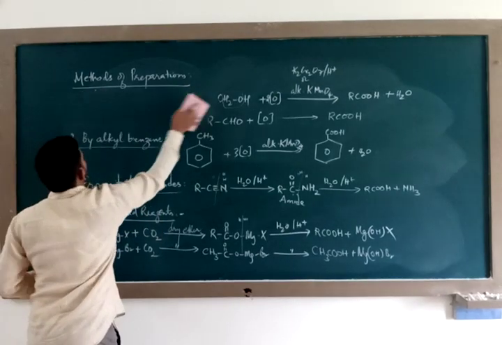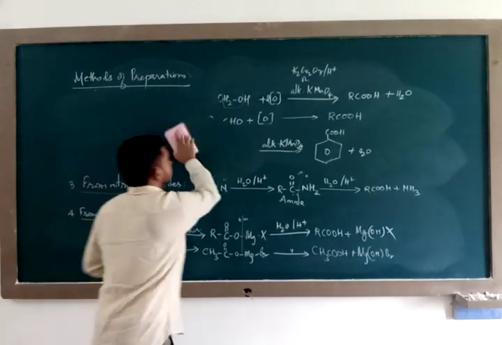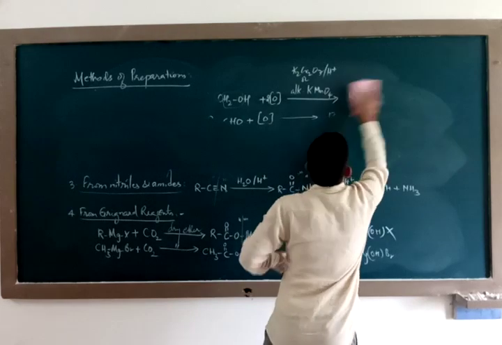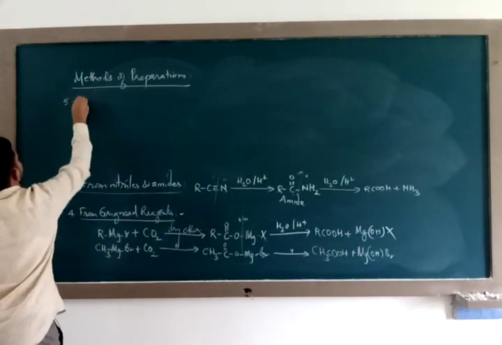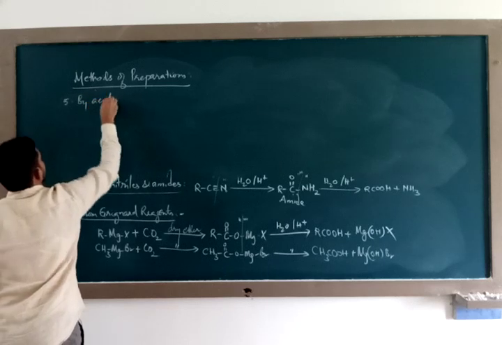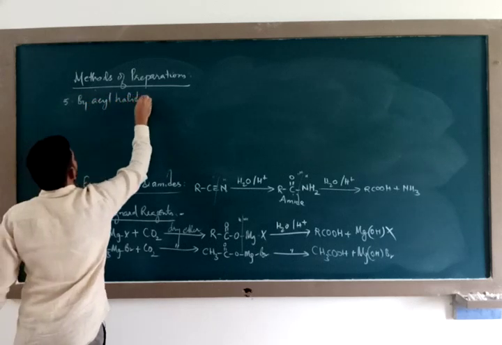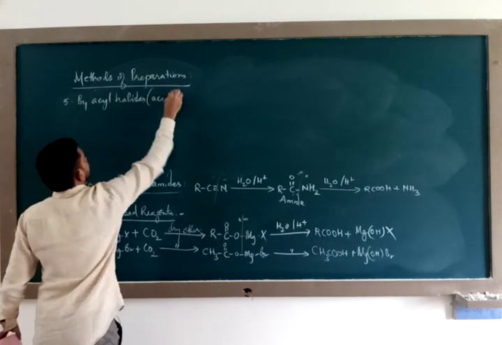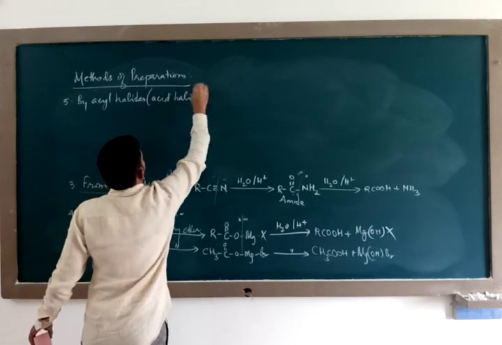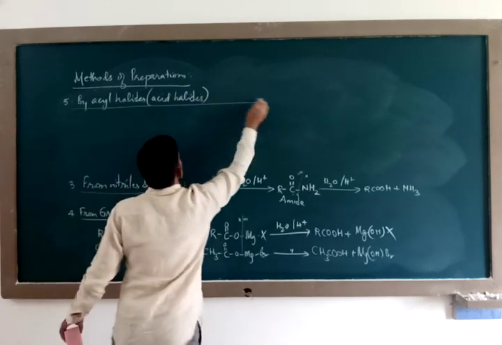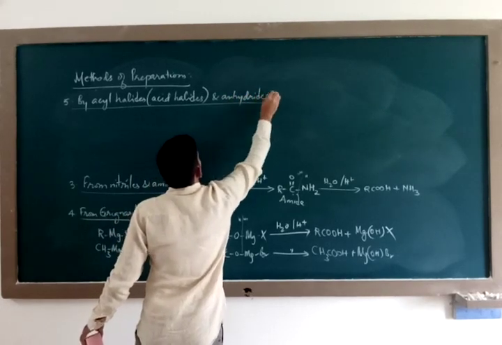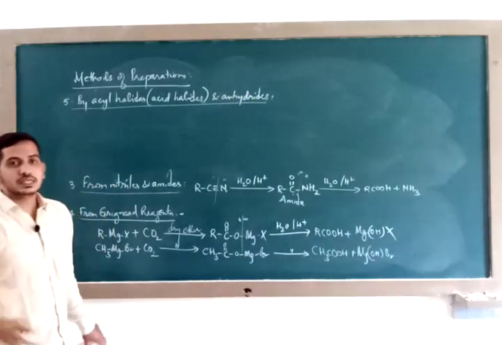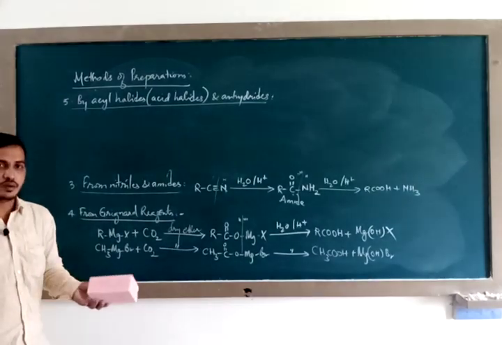4 methods are over. You have 2 more methods. The 5th method is by acyl halides. Acyl halides are also called acid halides. Acyl halides and anhydrides. All these are very simple, easier methods because they require only hydrolysis.